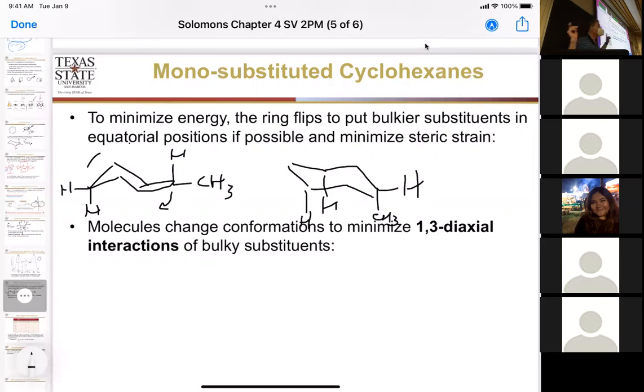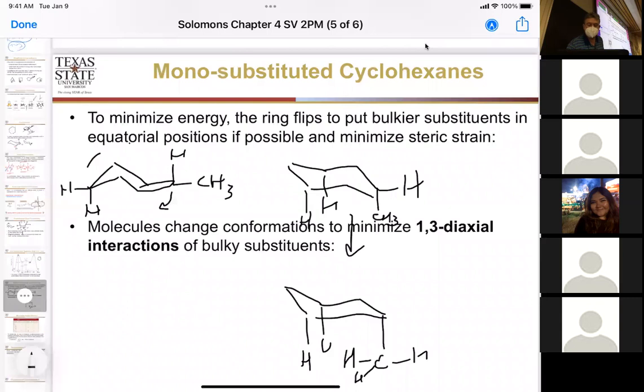Now, which one's more stable? Okay, let me draw this one right here. And I'm going to draw it this way with a carbon and a hydrogen and a hydrogen and a hydrogen, and then hydrogen and hydrogen.